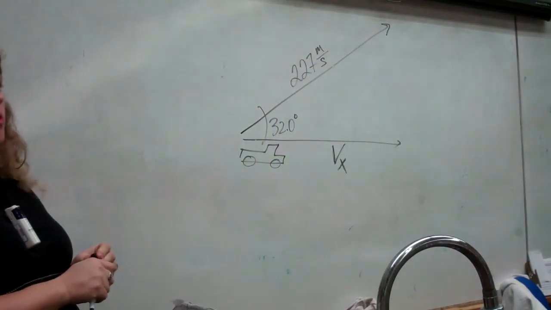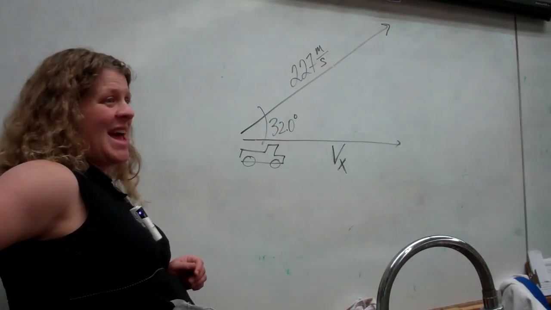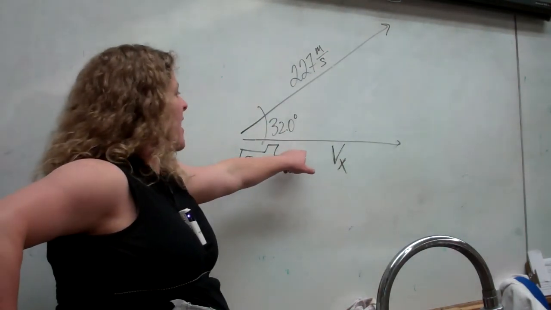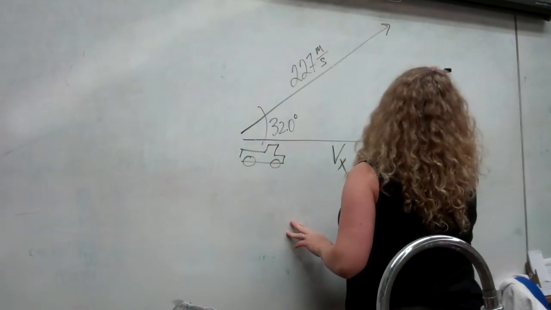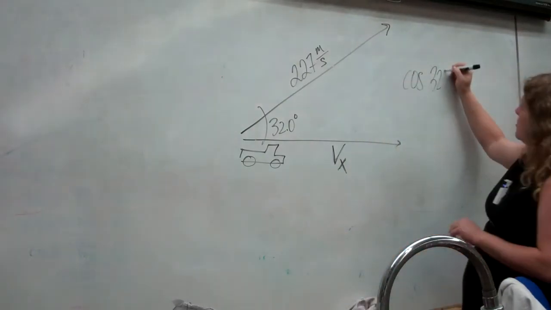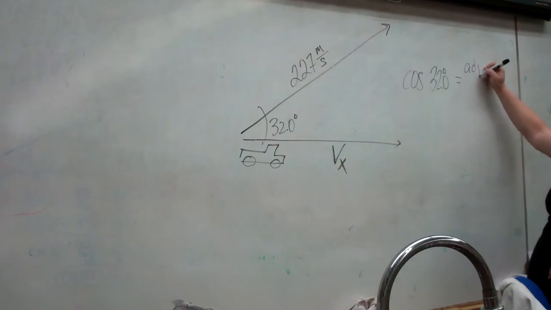Okay, which trig function will we use here? We're looking at the angle, we're looking at the vector adjacent to the angle, so cosine. Okay, so cosine of 32.0 degrees equals adjacent over hypotenuse.